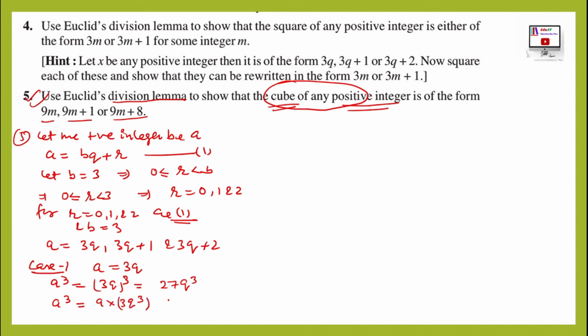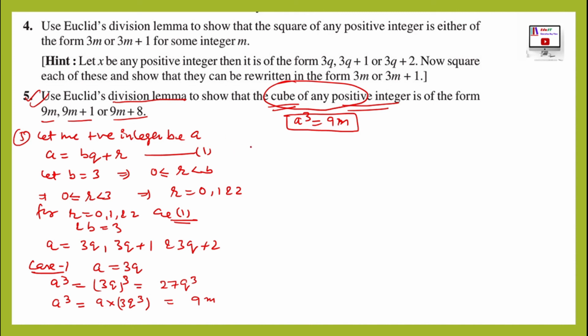Now this 3q cube is some integer. So let this integer be m. So a cube is equal to 9m for case 1, and this m is some integer.